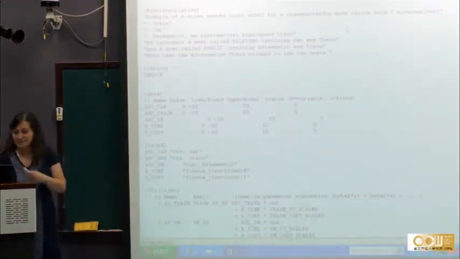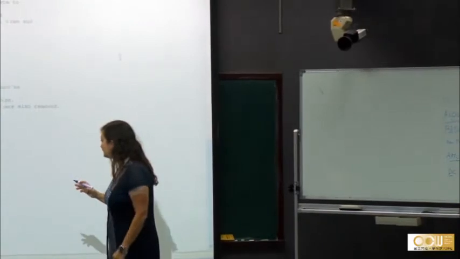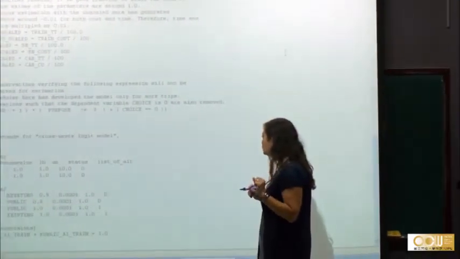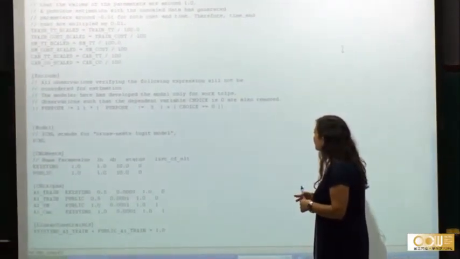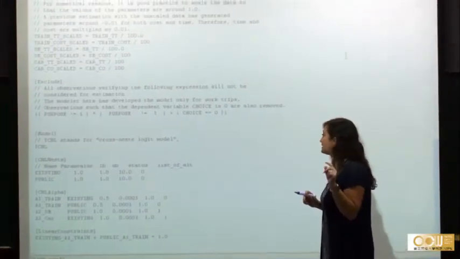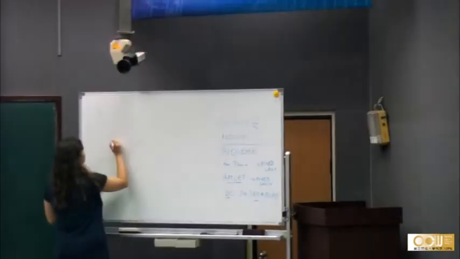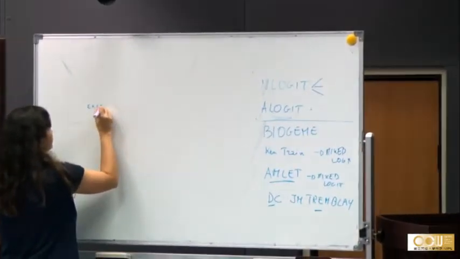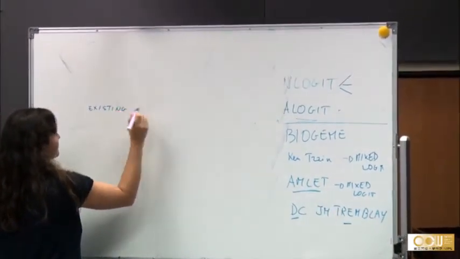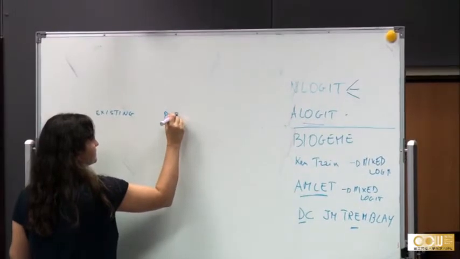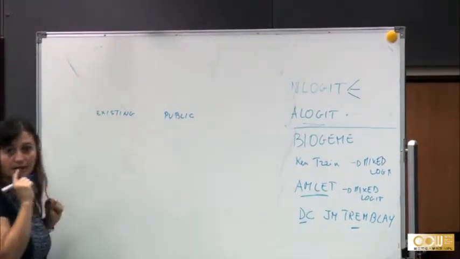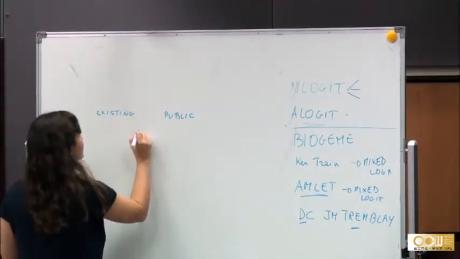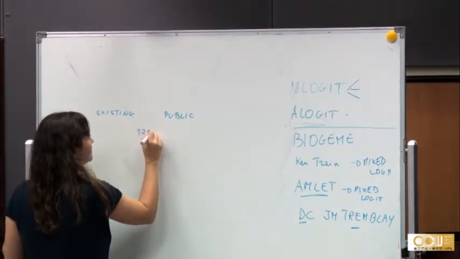It should have a nest somewhere. So it appears that he has two nests. He has existing and public. And he has train in the middle.